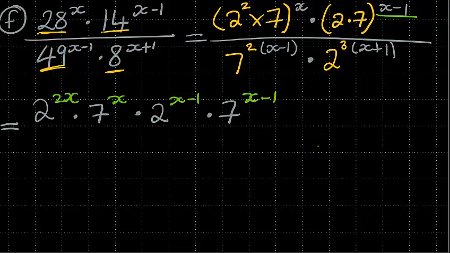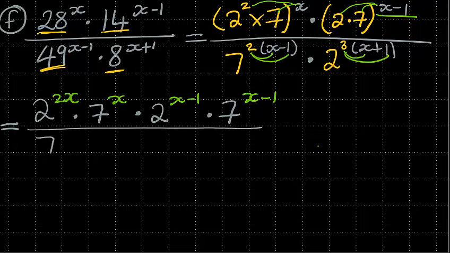So make sure that this goes to both, and it goes to both. Same thing at the bottom. At the bottom I have a monomial times a binomial, so I'm going to multiply this in and that in. So let's do our fraction line. Got a base of 7, and my exponents become 2x minus 2, multiplied by 2, and my exponents become 3x plus 3.